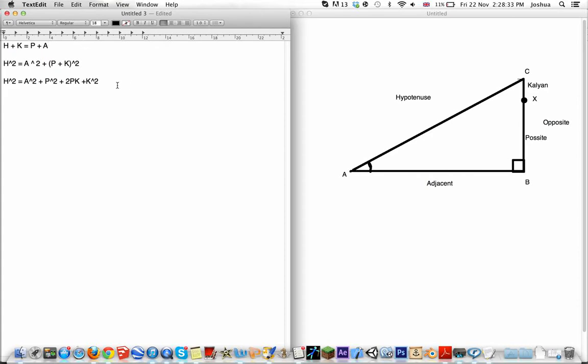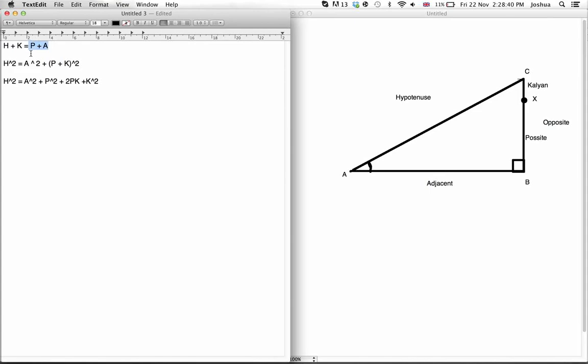So let's square everything in this equation as well. If you square all of this, it'll be the same as squaring all of this as well. So we can do that. So we get h plus k all squared, p plus a all squared. Let's square it.